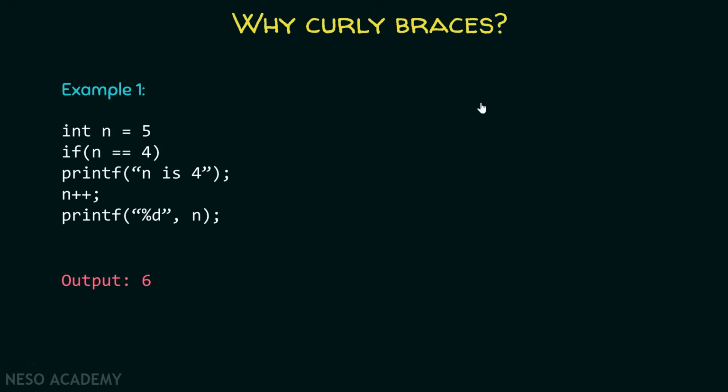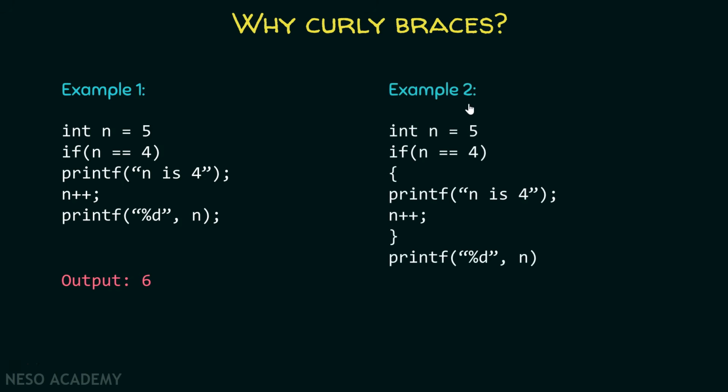Let's consider one more example. Here in this example, we are putting curly braces immediately after this if construct so that we would be able to include printf function as well as this n++. Now, if this condition is not satisfied, then the n++ will not get evaluated. Therefore, the value of n will not get incremented. As n is not equals to 4, the value of n will not get incremented and hence the output is 5, right?